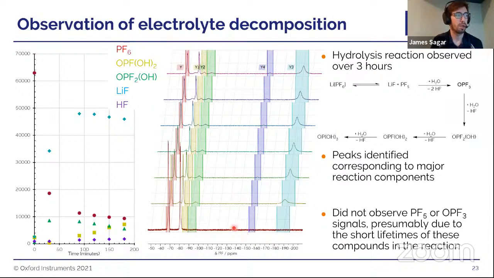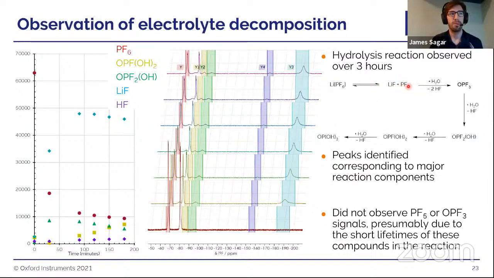Purple shows us the concentration of hydrofluoric acid, and the blue shows us the buildup of lithium fluoride. And you can see that after adding the water, the reaction occurs very quickly. We get a large drop in the PF6 signal, a large increase in the lithium fluoride signal, which is essentially the first part of this reaction.